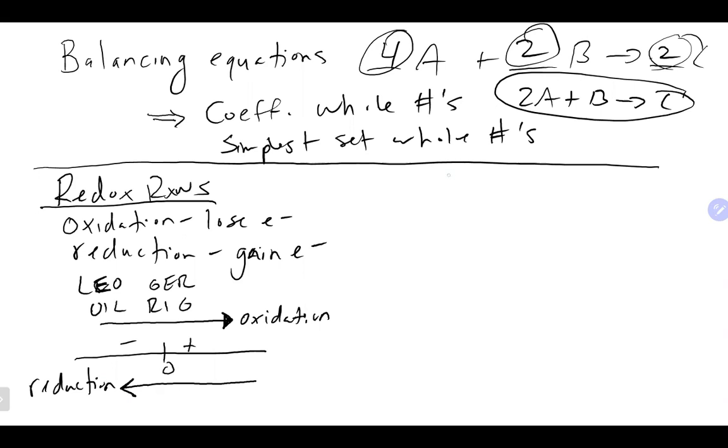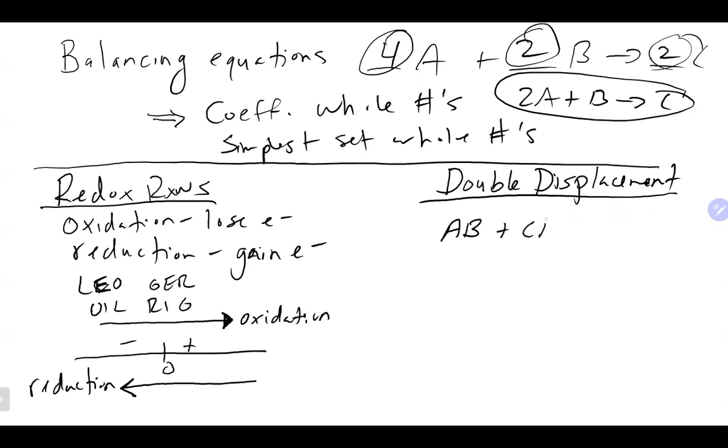The other really big class of reactions falls under the double displacement umbrella. You can really recognize a double displacement reaction because pretty much no other reactions are set up this way. If you look at the reactant side and see two things there, and both are ionic compounds, like a positive and negative together, that is pretty much 100% of the time going to be a double displacement reaction.